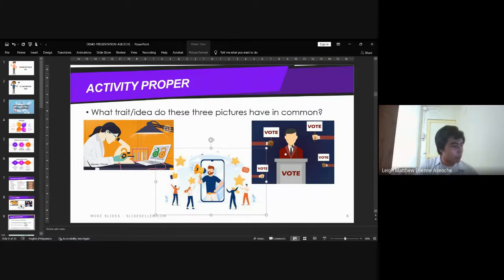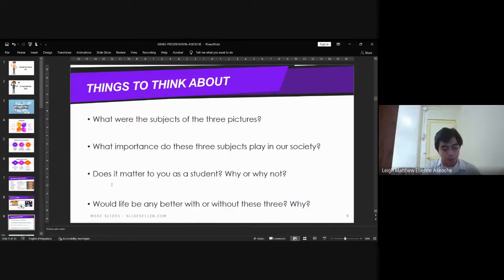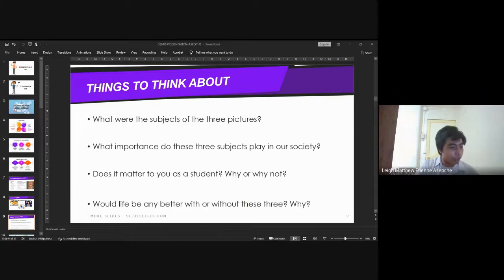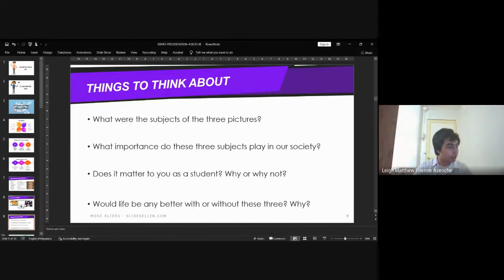Next, we have some questions here that we need to process. Okay. So what do you think were the subjects of the three pictures? Or what do you think were the topics of the three different pictures? Would anyone like to volunteer to answer? Okay, let's go back to the three pictures if you're having a hard time.